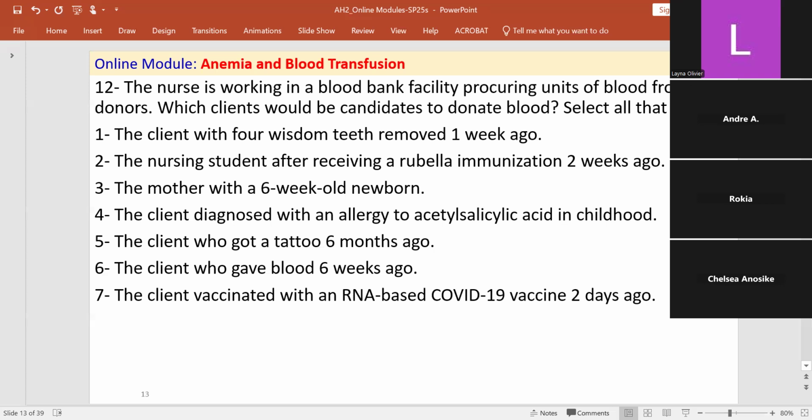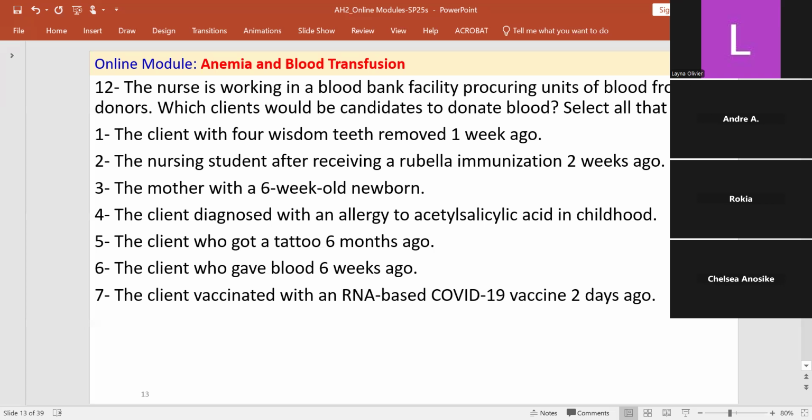So number two is not eligible until 2 more weeks. After a month, they can. So we will go with number one.